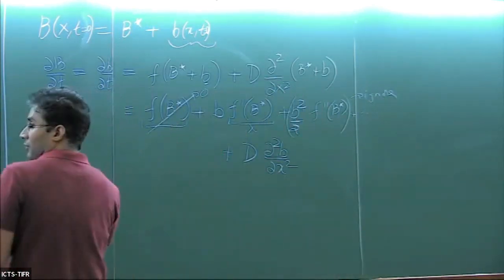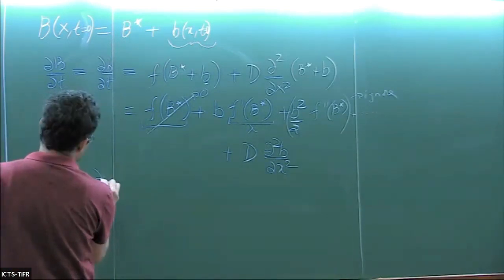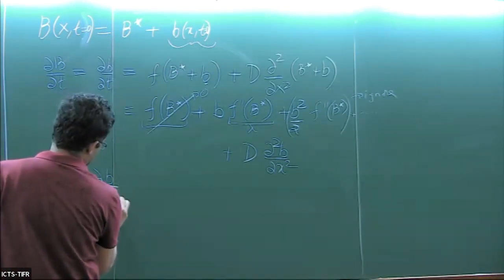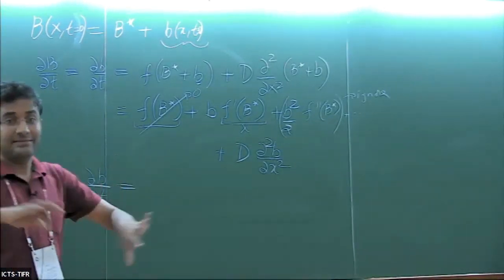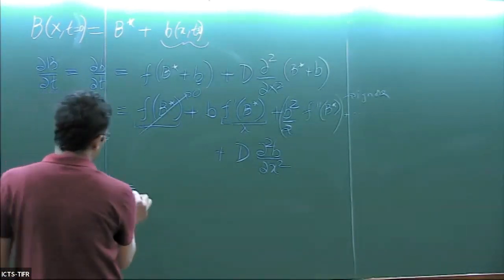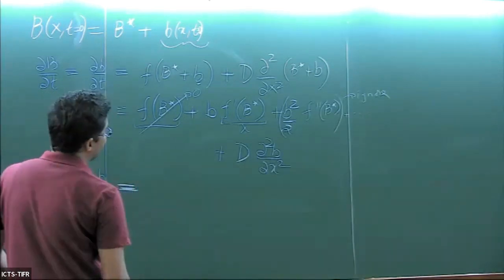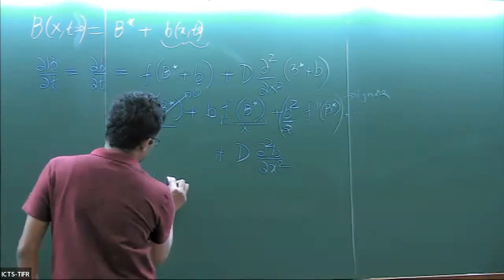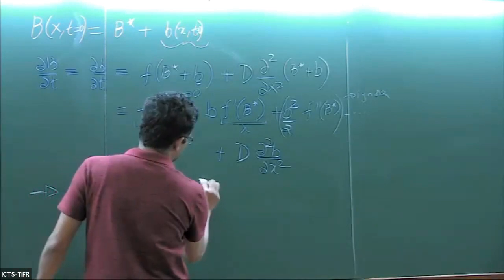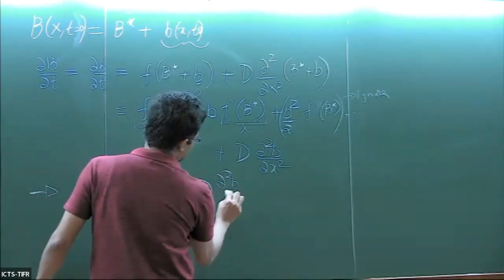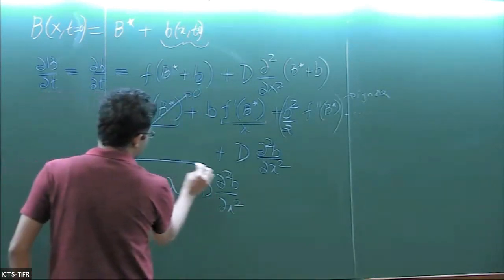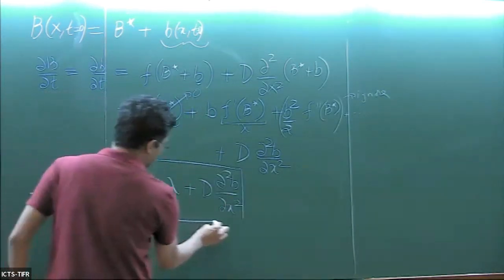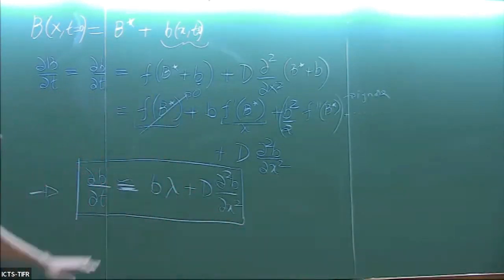So what we now have is that the rate of change of this perturbation, which could be in space as well, around the homogeneous equilibrium follows this equation. Approximate because I have dropped the higher order terms.